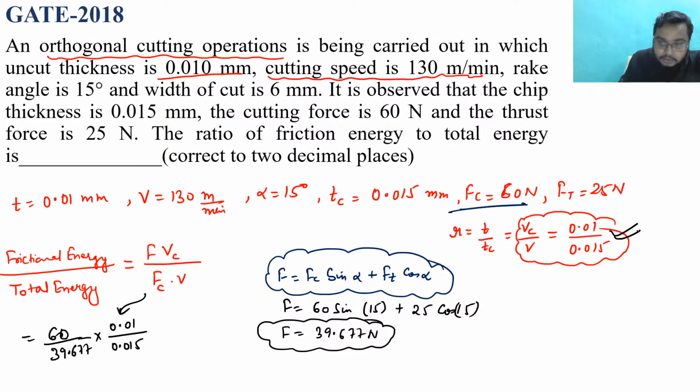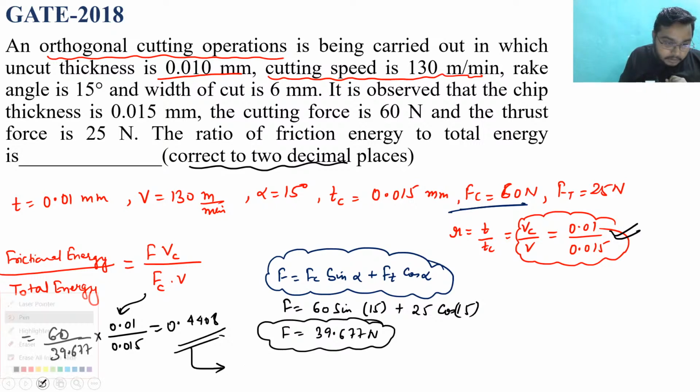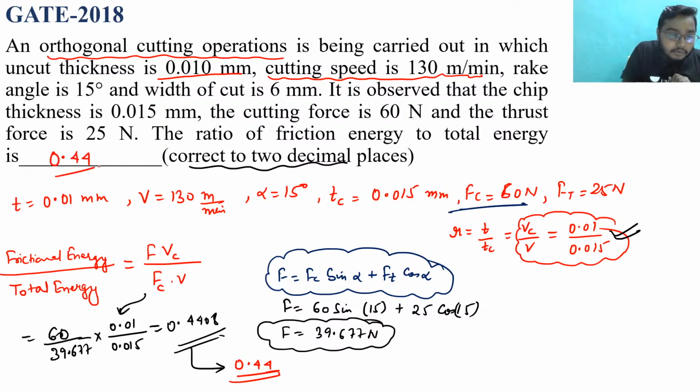So from here when you calculate it, that would come around 0.4408. You have to correct up to 2 decimal places, so you just write the answer as 0.44. Clear?